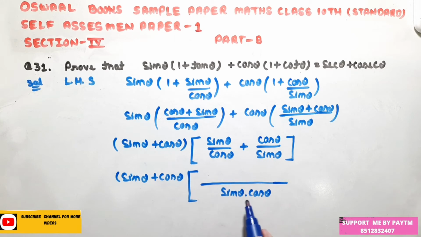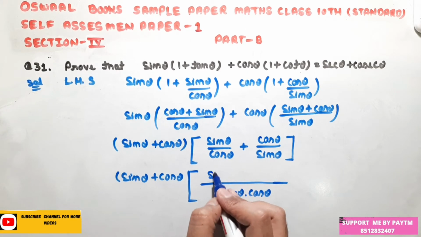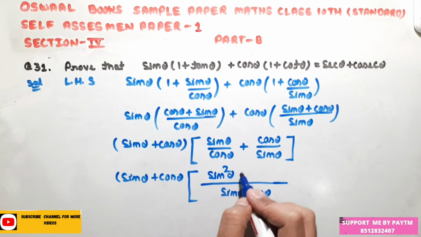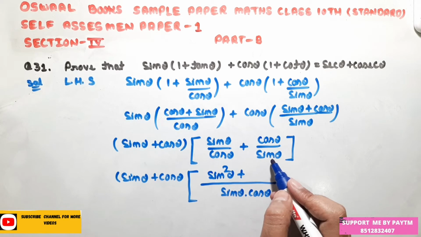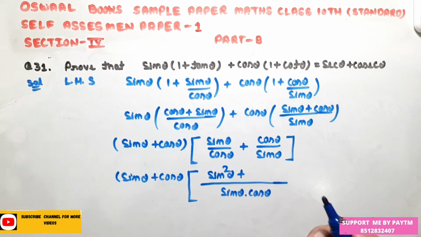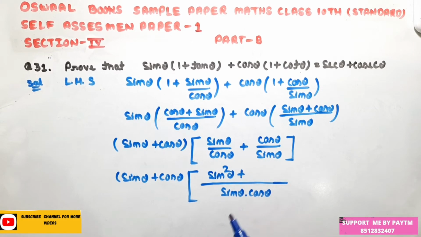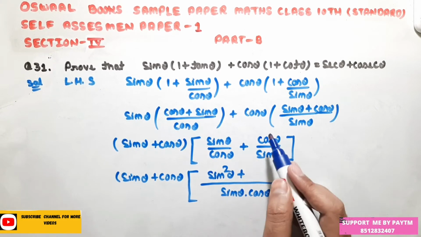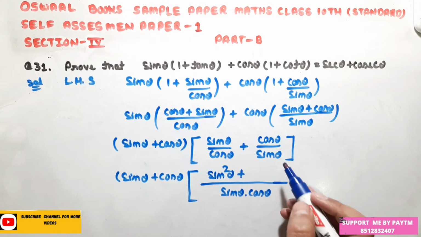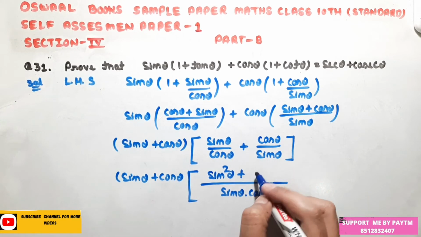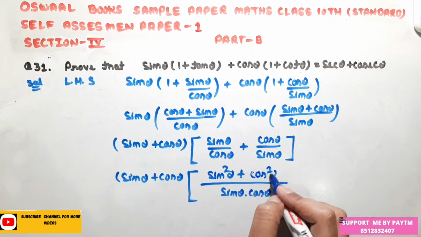So from cos theta will be cancelled out, sin theta will be multiplied by sin theta, so sin theta into sin theta will be sin square theta, plus from sin theta will be cancelled out, cos theta will be multiplied by cos theta, so cos theta into cos theta will be cos square theta.